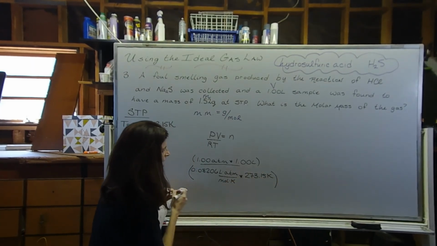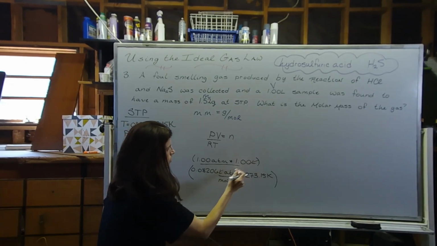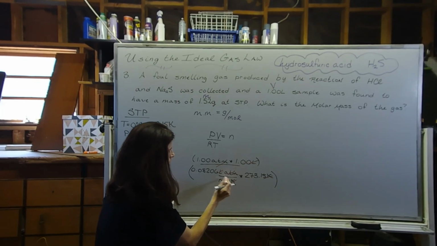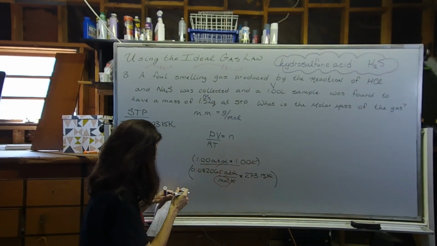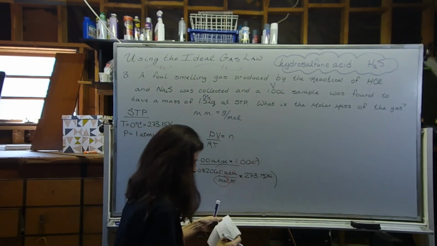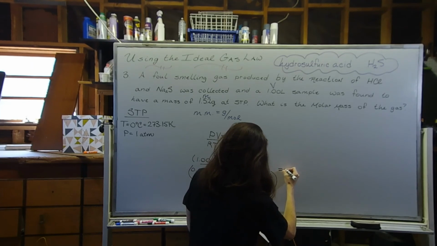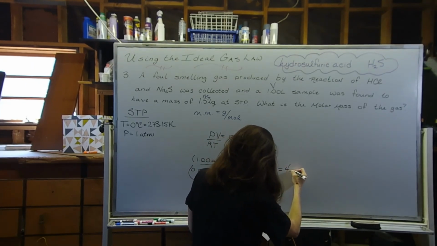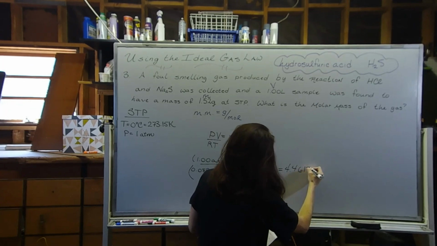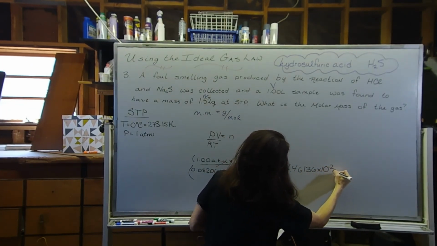Just checking how everything's canceling, making sure I set it up right. Liters with liters, atmospheres with atmospheres, Kelvin is gone. Leaves me with moles on the bottom of a double fraction, and that'll get flipped up to the top. So for this problem, I got 4.46136 times 10 to the negative 2 moles.